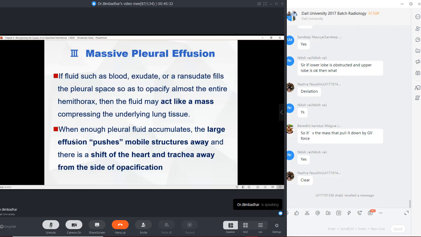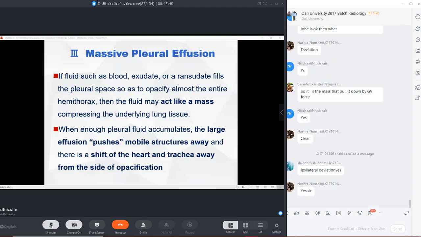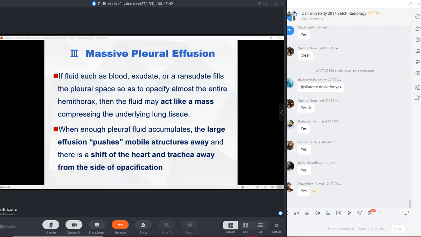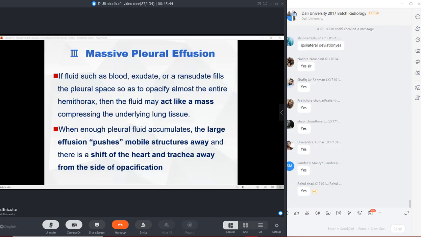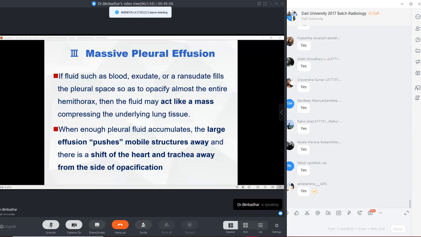Is this concept clear? Please respond, guys. Ipsilateral tracheal deviation happens in atelectasis. Contralateral tracheal deviation happens in pleural effusions and pneumothorax. But pneumothorax is not a radio-opacity, so we are not dealing with it here.